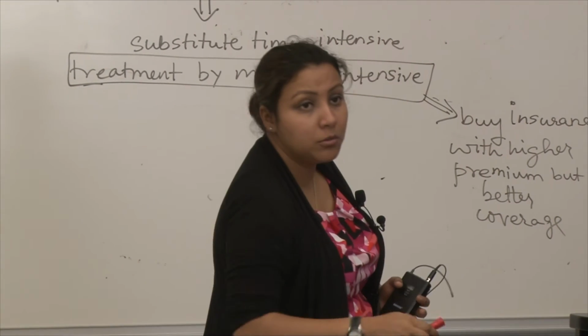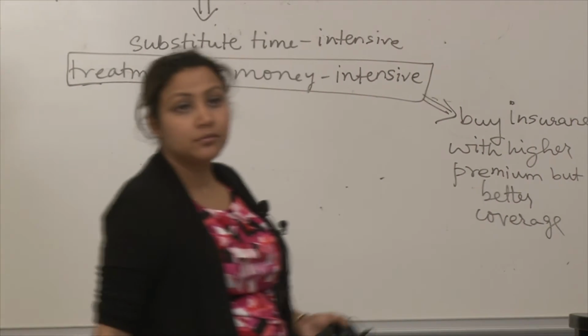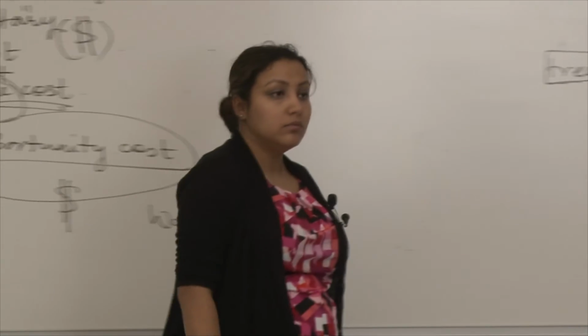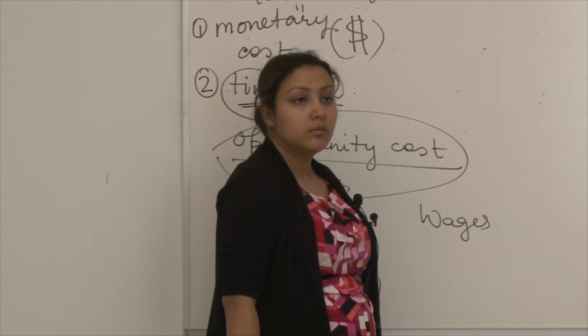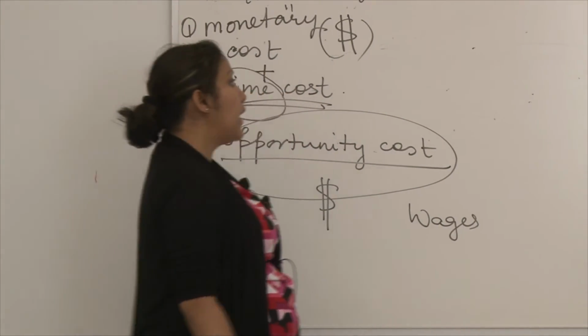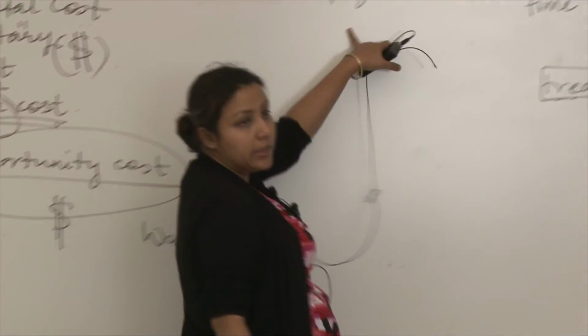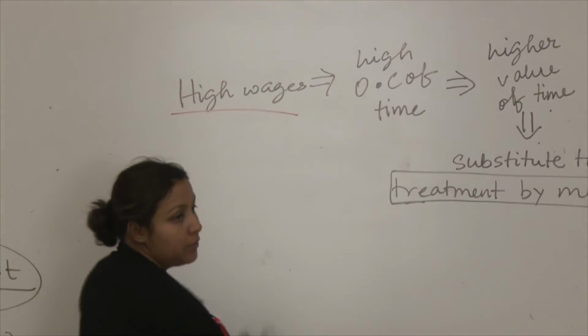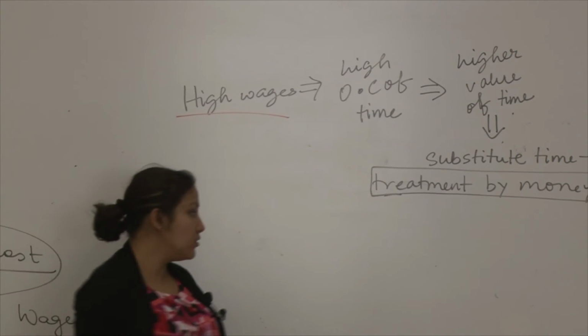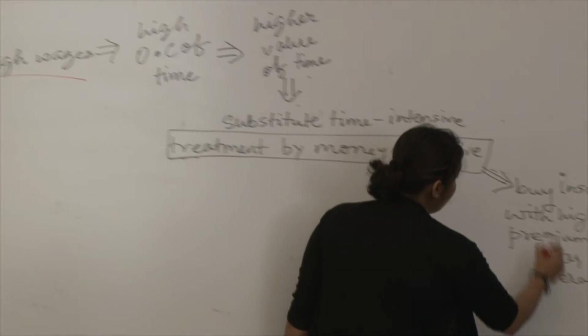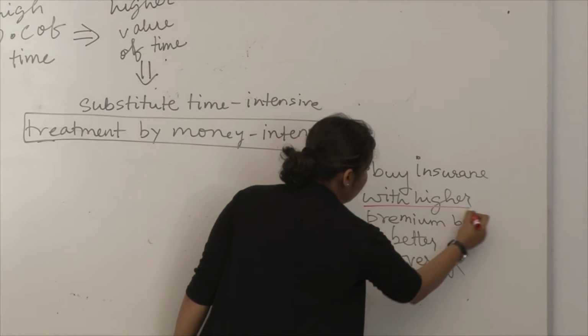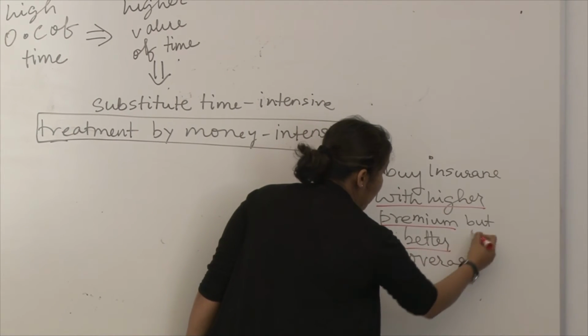Is there any problem in this linkage? Okay. And if you just look at the two ends of this linkage, we are saying high wages, a person who gets high wages, and at the end of this link you have the person will be willing to pay high premium with better coverage.